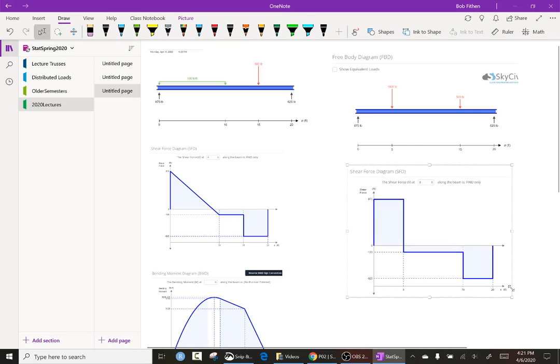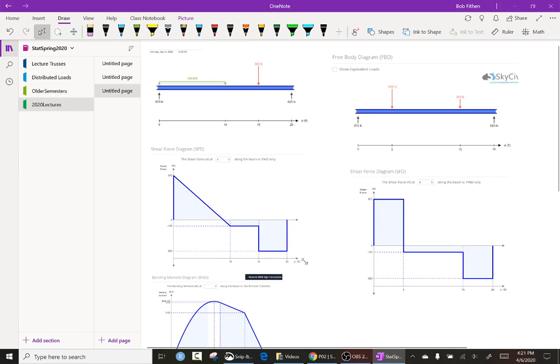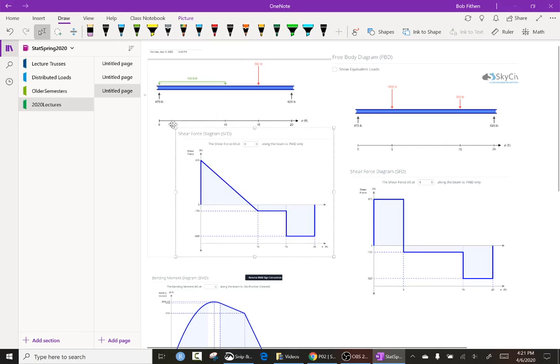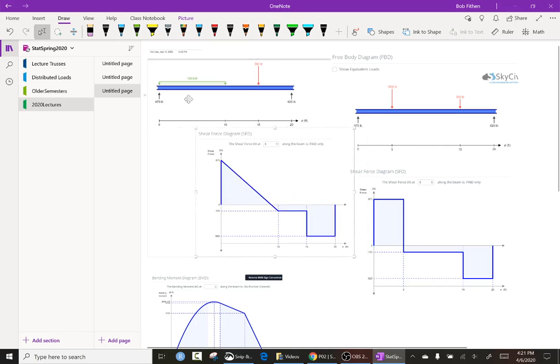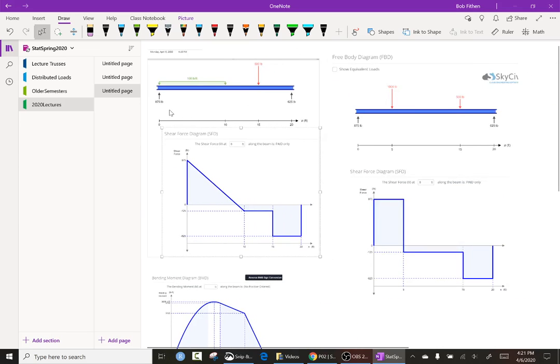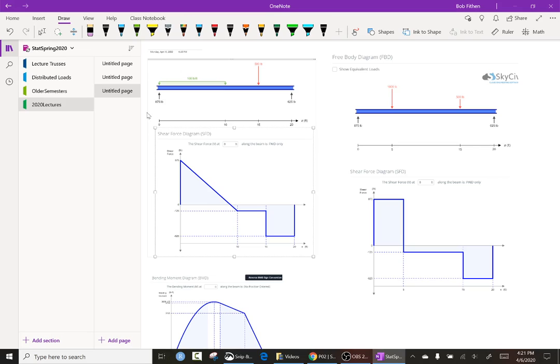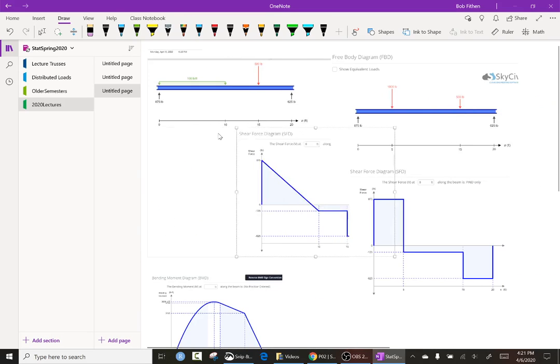Trying to make it about the same width here. Somehow these got joined together. Uh-oh.